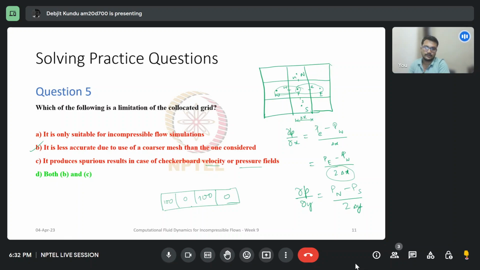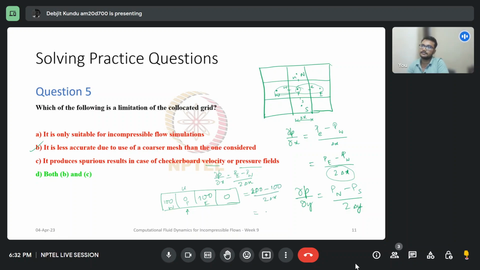Now for calculating velocity at this cell, here we are trying to calculate u, and in that equation, the dou p dou x would come out to be, so if this is P, this is east, and this is west, we would use pe minus p west by 2 delta x, and pe and pw both are 100, divided by 2 delta x.